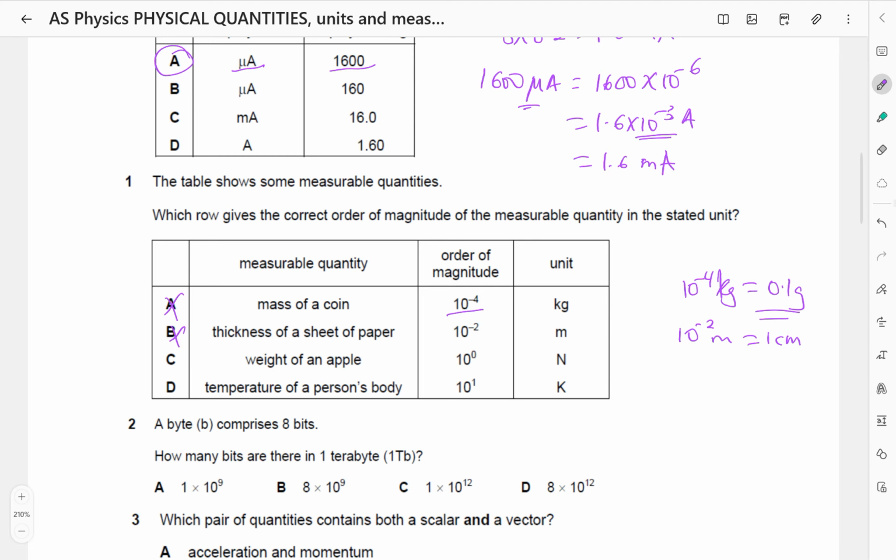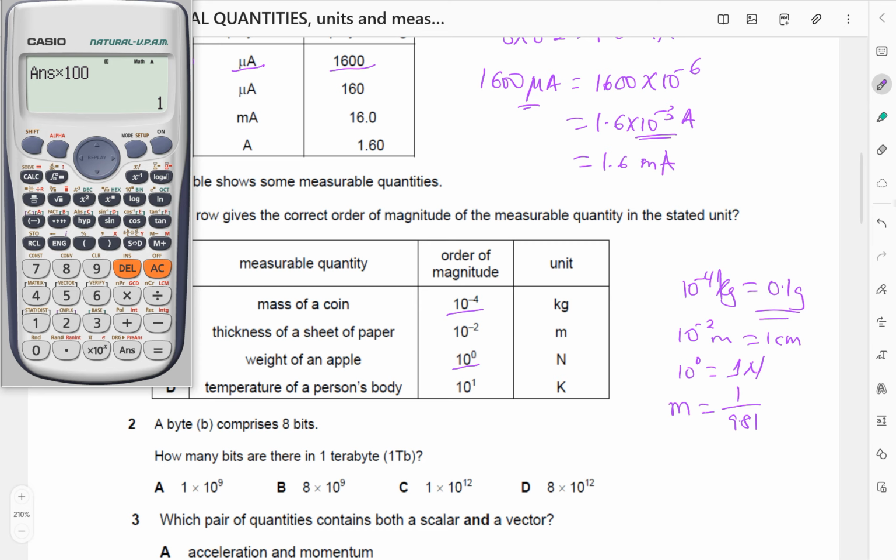The weight of an apple is 10 power 0 newtons. 10 power 0 is the same as 1 newton. I think that makes sense. Remember, weight is mg. We can try to find the mass. So the mass is going to be the weight, which is 1, divided by g, which is 9.81.